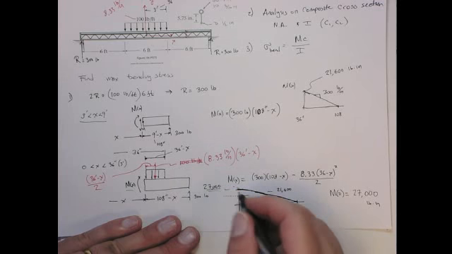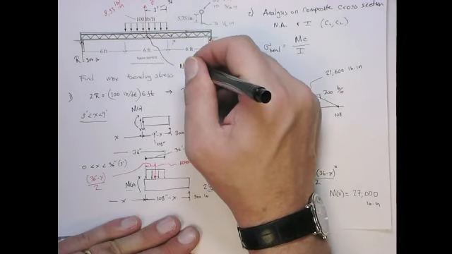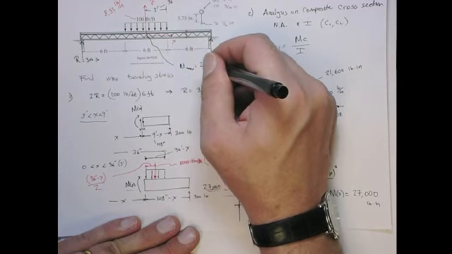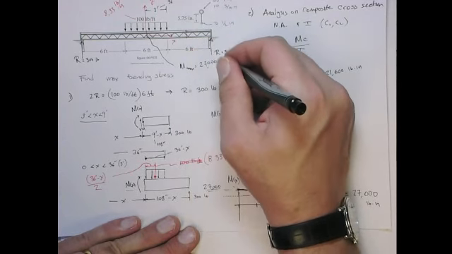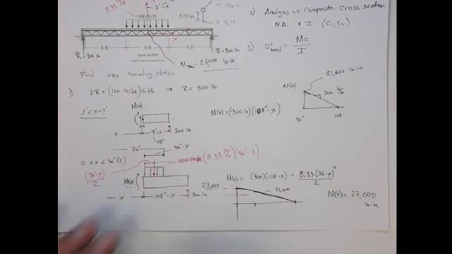So that's the maximum, right at the center. That's where we have the maximum moment. Here we have the max moment, and it's equal to 2,700 pound inches. Okay? So that's the point where we're going to get the maximum stress. All right? So now we know that. Now we have to do the analysis on the beam.